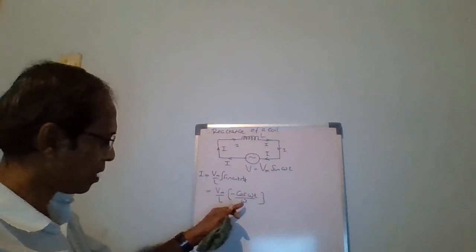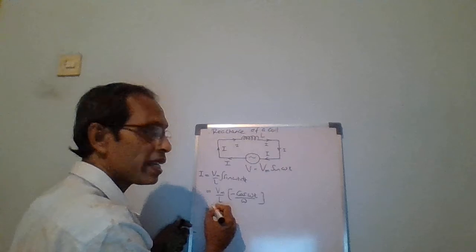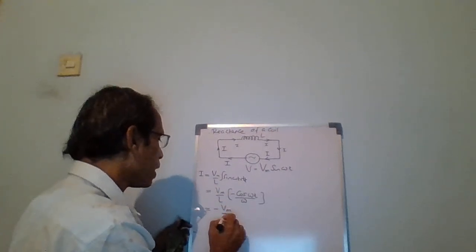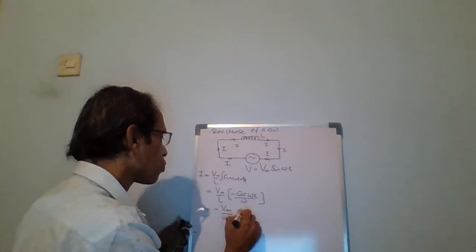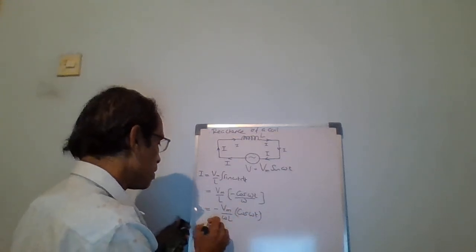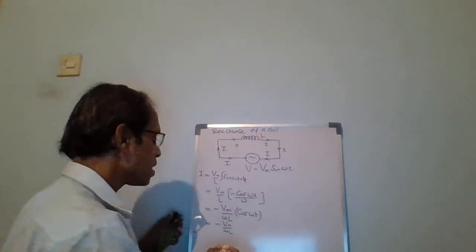Omega is a constant, we have it divided by omega, we can take it out. Minus sign we can take it out. Minus Vm divided by omega L cos omega t.